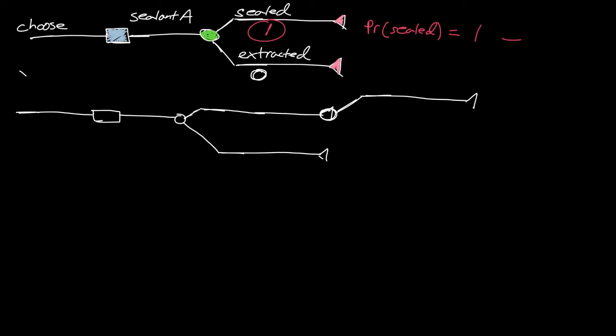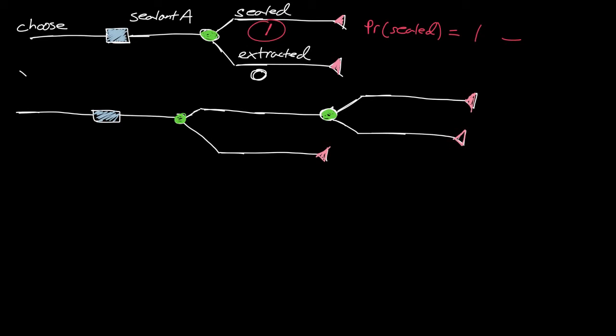So now what happens is, given that it's sealed, there's going to be some chance that it stays sealed and some chance that it becomes extracted. So now you can see that the tree just starts repeating itself, that the branches of the tree repeat themselves. That's why it's a loop. That's why it's this repeating recursive structure that we call Markov. But the underlying mechanics is it's just a simple decision tree expanding through those different cycles.